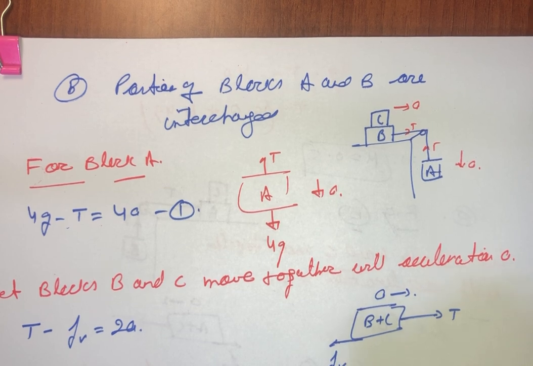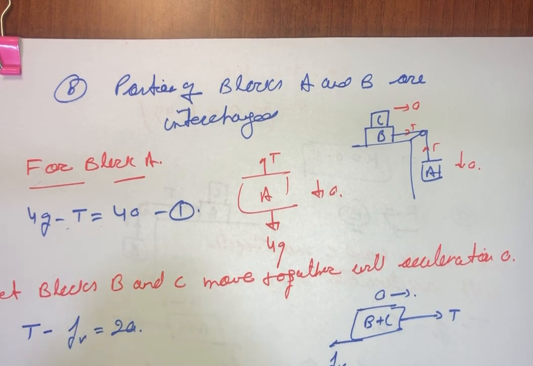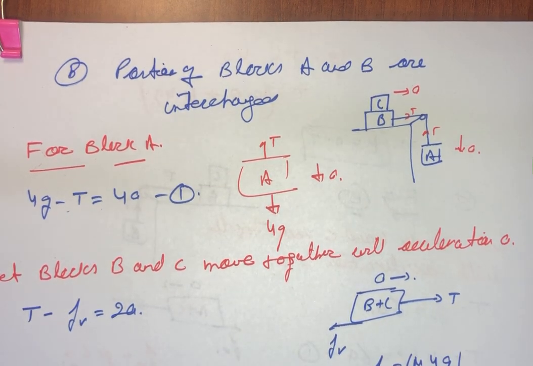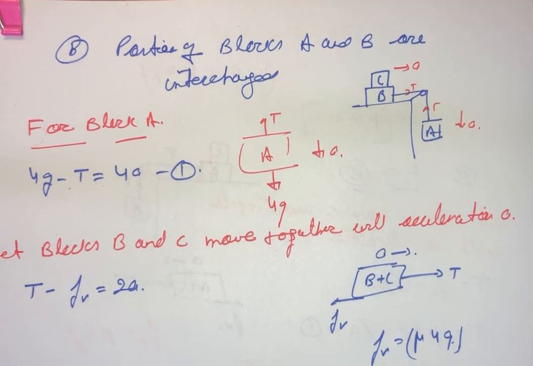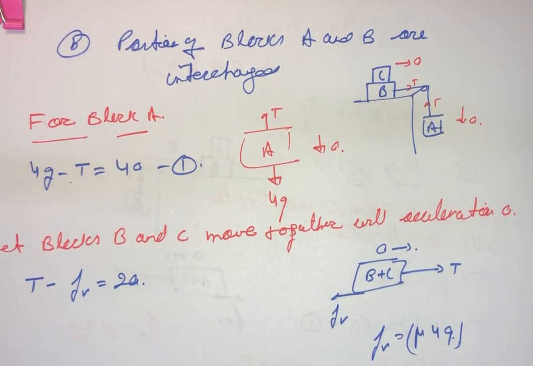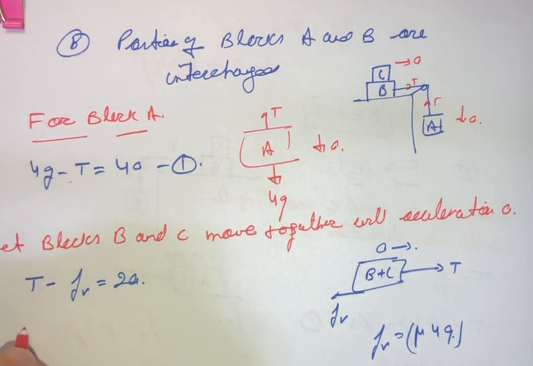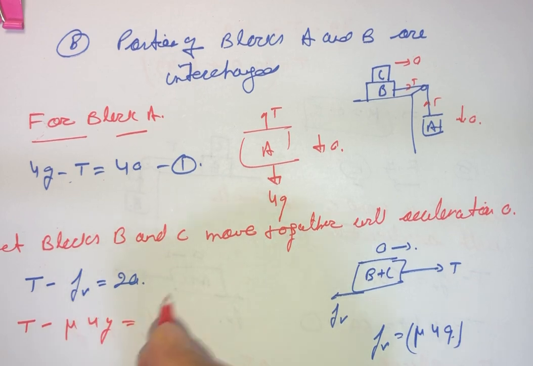We can find FR is equal to mu 4g. We substitute the value of FR, and we get T minus mu 4g is equal to 4A, equation number 2.